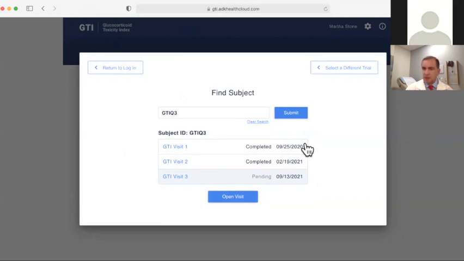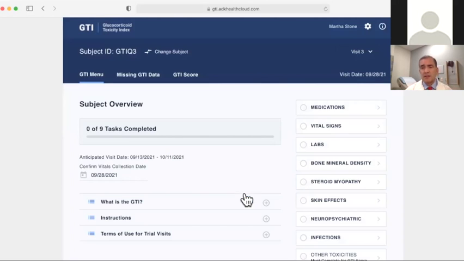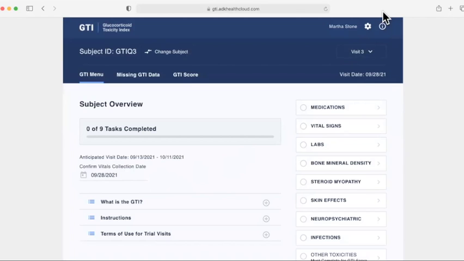Then the 6-month visit, at which the GTI was also reported, was done on February 19th, 2021. And today we are going to enter visit 3 to take you through how this is done. So we're in visit 3 right now on the 28th of September, 2021. That's today.